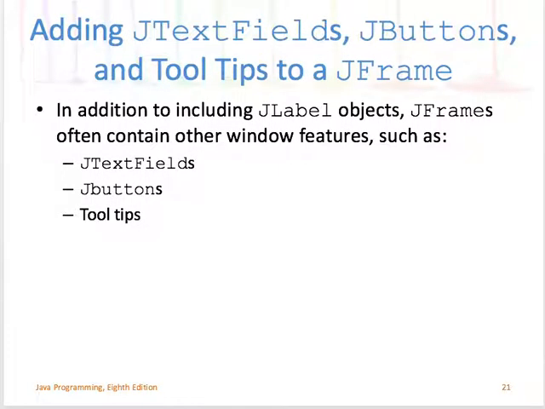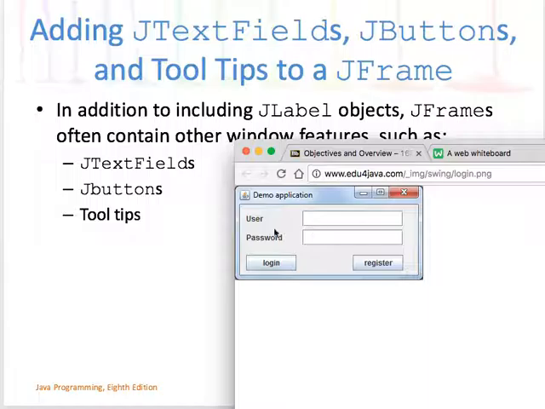In addition to JLabel objects and JFrames, there's also JTextFields, JButtons, and tooltips. So who here thinks they know what a tooltip is? A tooltip, we'll go back to my example here. A tooltip is if I hovered over this and something popped up, then that means that it's being used as a tooltip. Let me actually find an example of a tooltip.